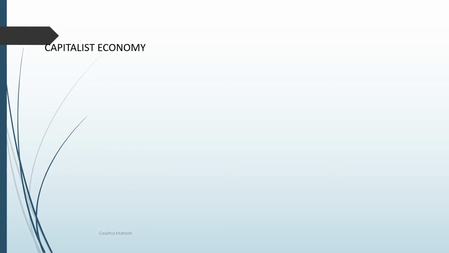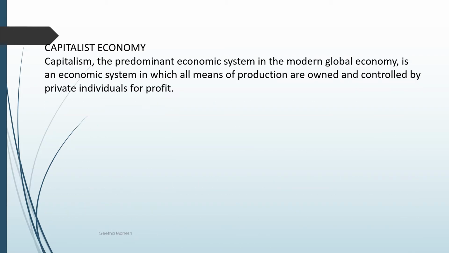Let us start with the capitalistic economy. Capitalistic economy is also known as market economy or free market economy. Under capitalistic economy, all economic activities are owned and controlled by private individuals and they aim at profit maximization.